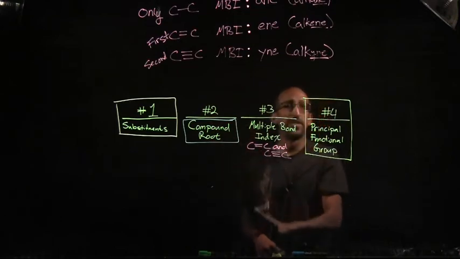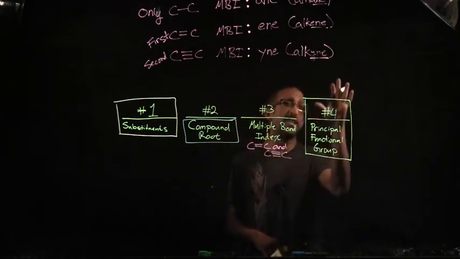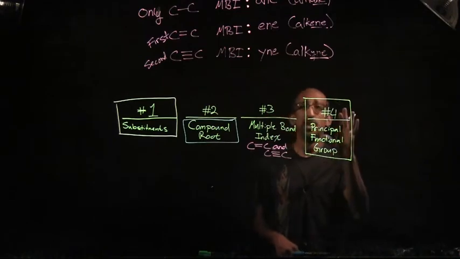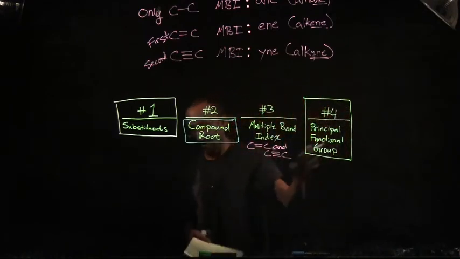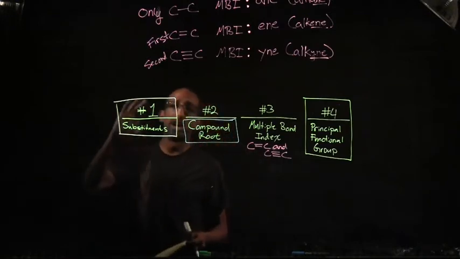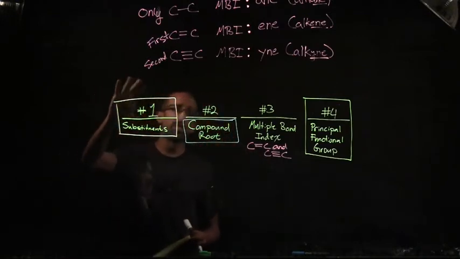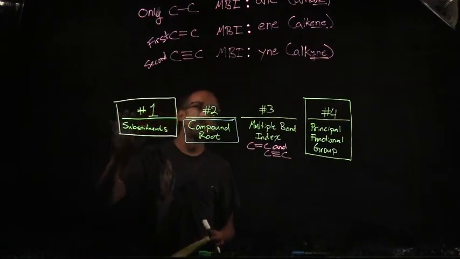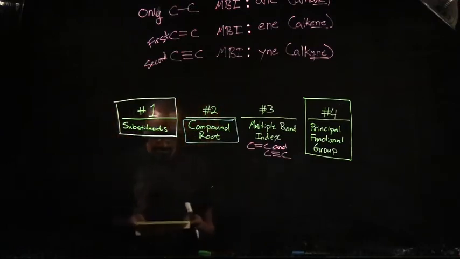And the substituents are something different than the principal functional group, which determines the suffix of the compound. Right? And so we need to determine not only what types of substituents are left on our molecule, but also what their numbering positions will be.